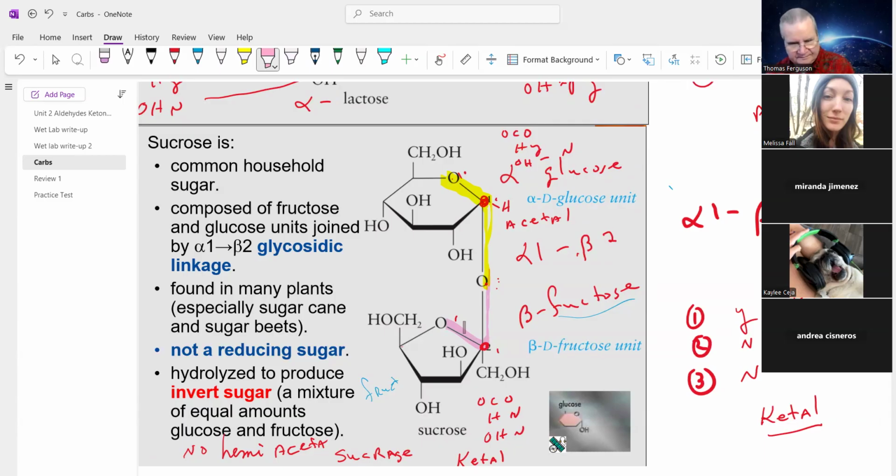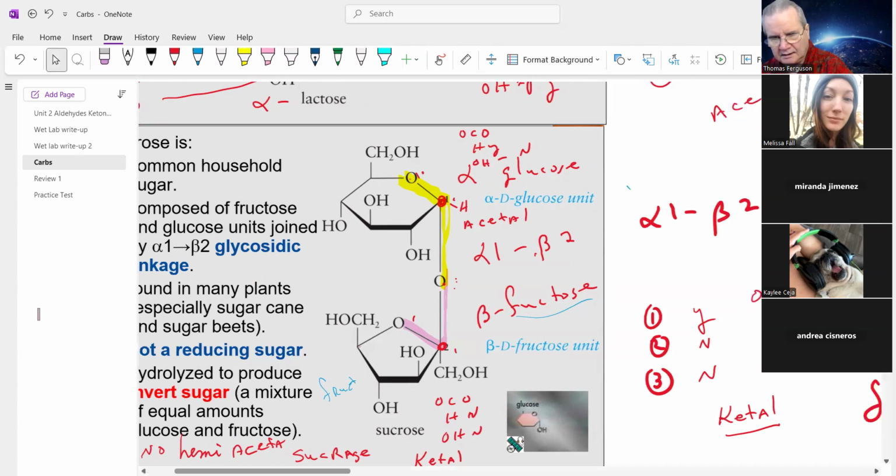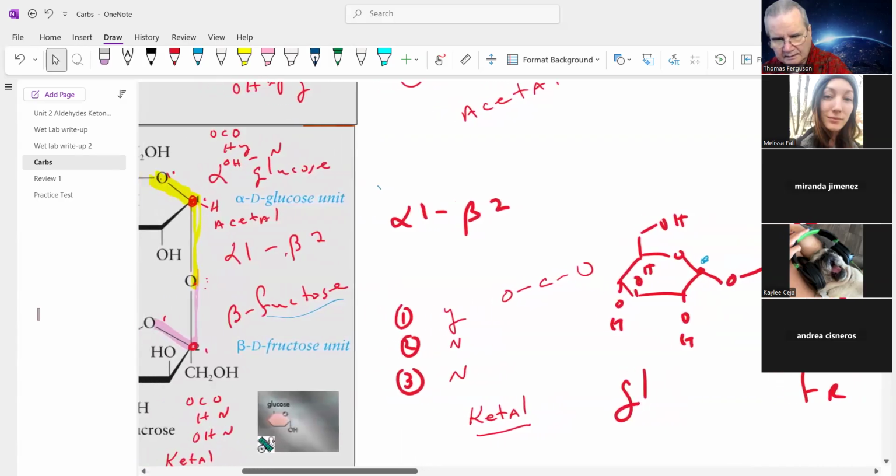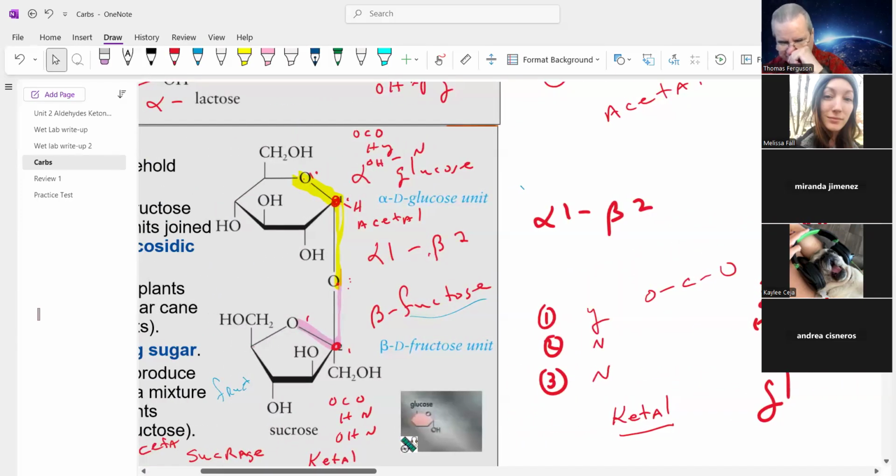So it can't be a hemiacetal. So what happens is, if we analyze this top one, okay, so the top one now, it's going to be OCO, no OH, and there is an H.